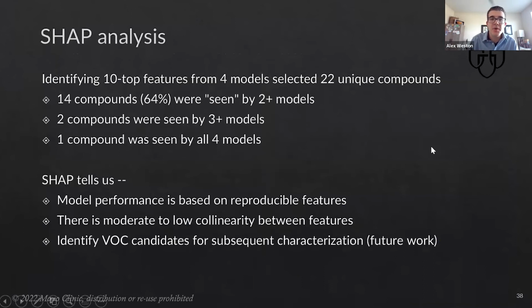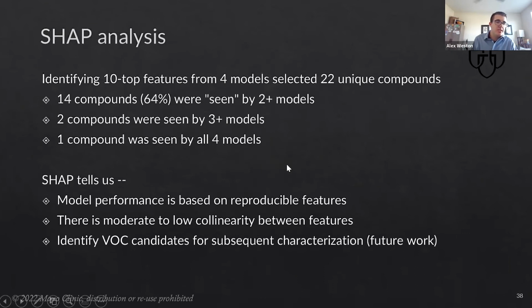So this is our summary of our reproducibility analysis. By identifying the top 10 features from our 4 models, this identified 22 unique molecular features or unique compounds. 14 of these, or 64%, were seen, quote unquote, by 2 or more models. 2 compounds were seen by 3 models, and 1 compound was seen by all 4 models.